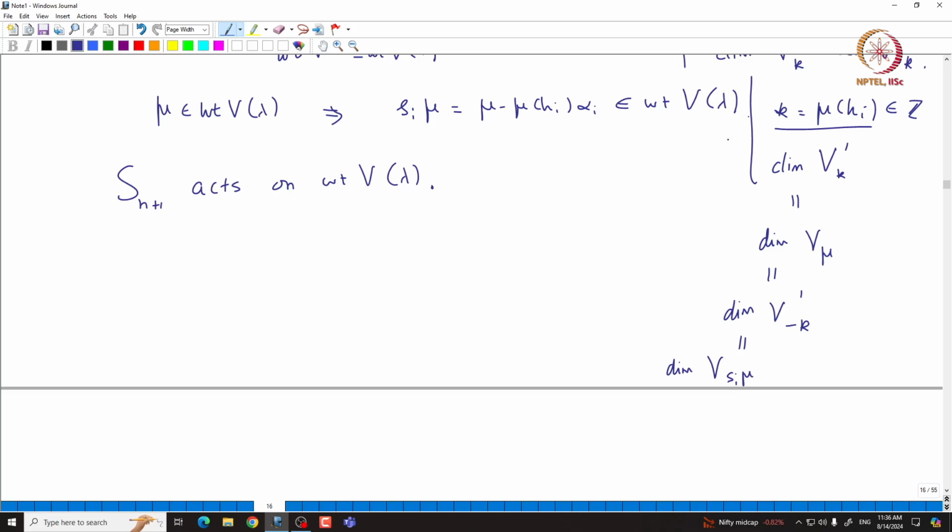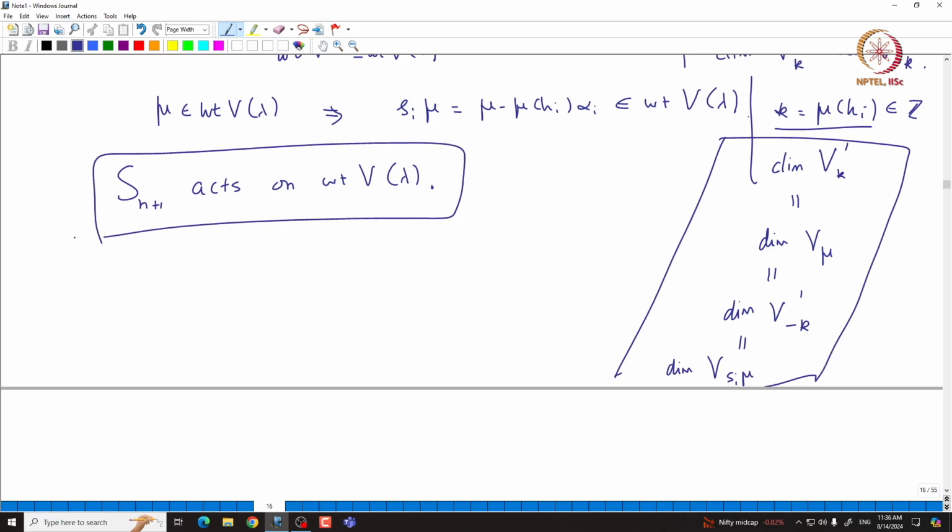Okay. So, this holds inside V dash. In particular, not only does S_{n+1} act on the weights of V lambda, the action actually preserves the weight multiplicities.